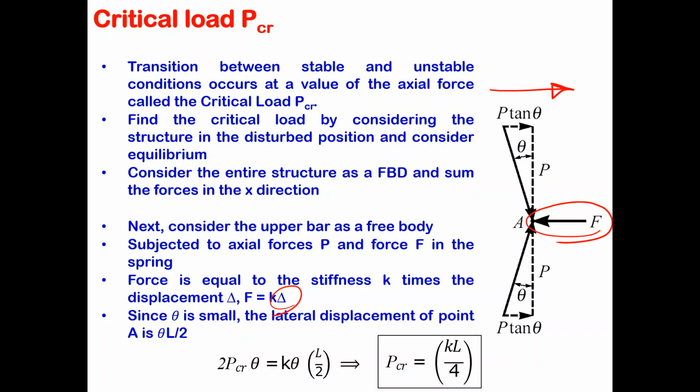So your critical load is going to be equal to the stiffness of the spring multiplied by L over 4. So if you can find the stiffness of the spring, then you will be able to find the critical load.